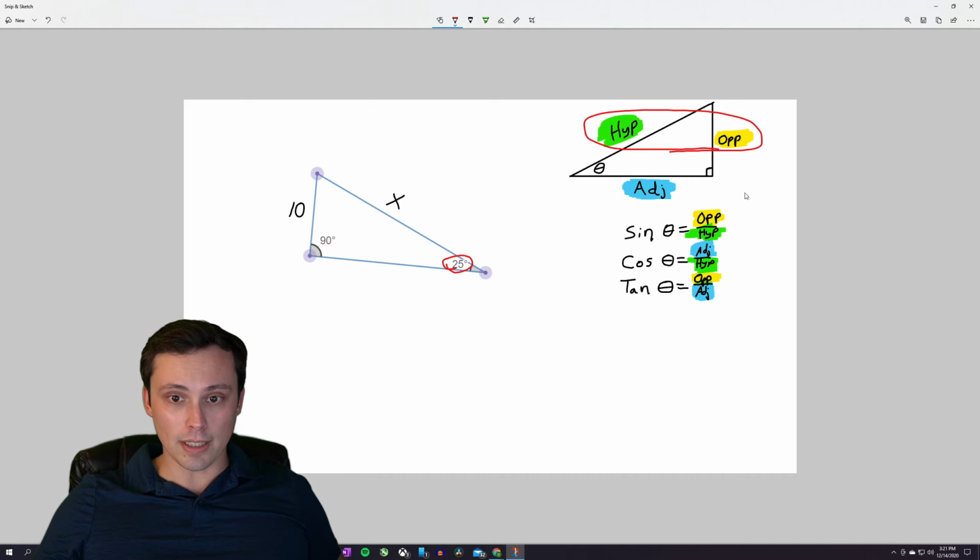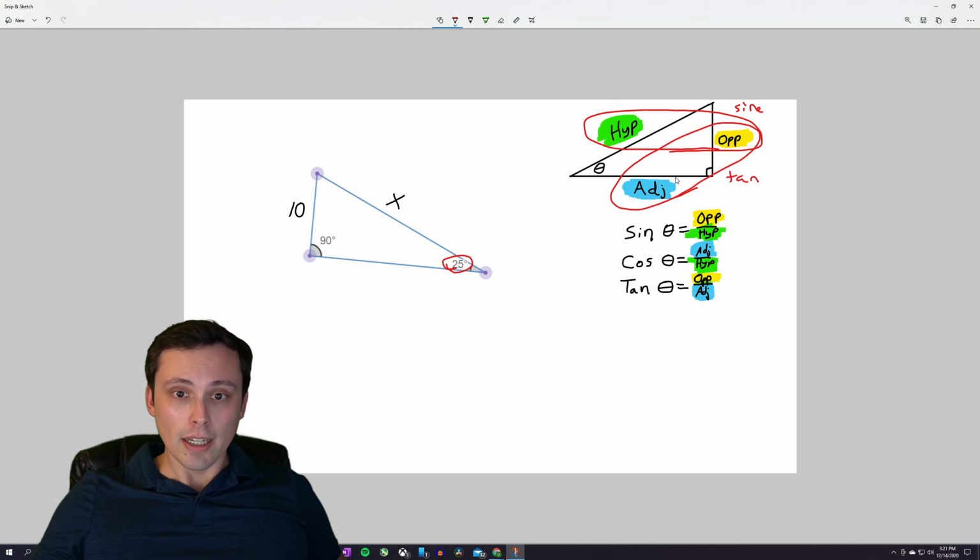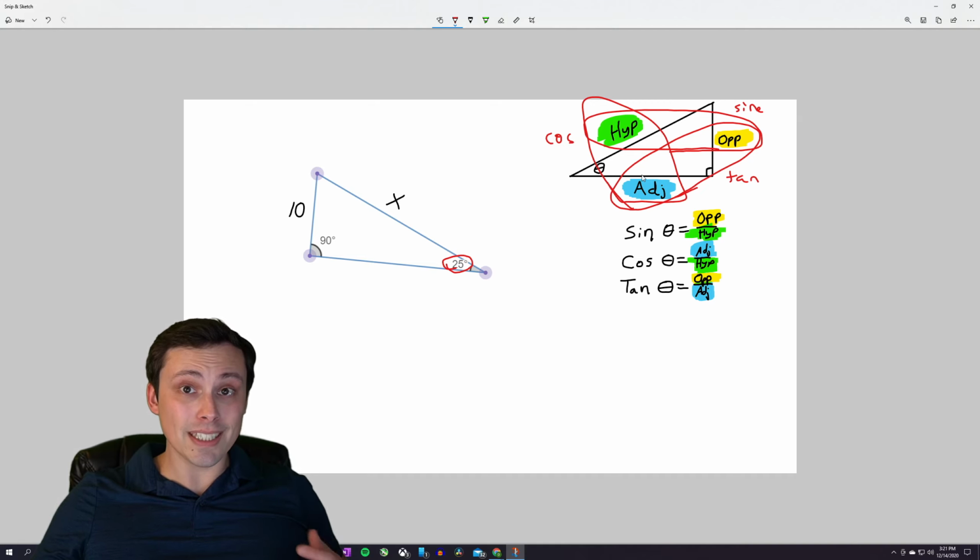You could pair up the opposite with the hypotenuse, and that was named sine. You could pair up the opposite with the adjacent, and that ratio is called tangent. And you could pair up the adjacent with the hypotenuse, and that is cosine. So that's what these actually are. They're just names for which two sides you're pairing up, and you use them to tell your calculator which ratio you're working with in your problem.